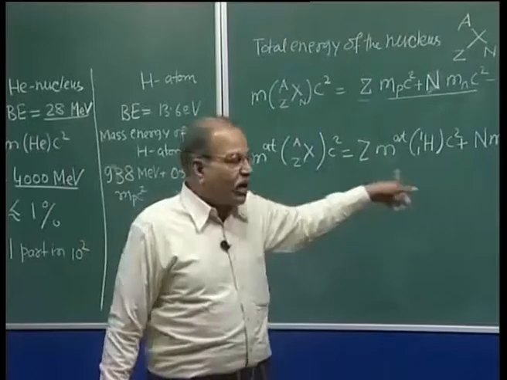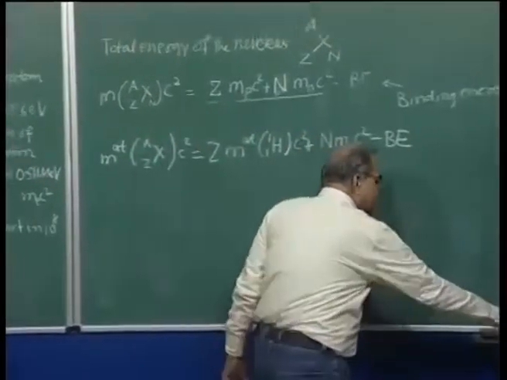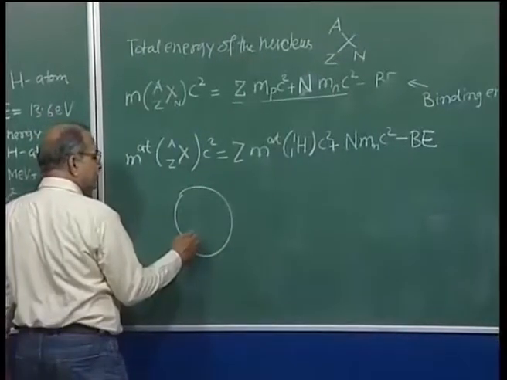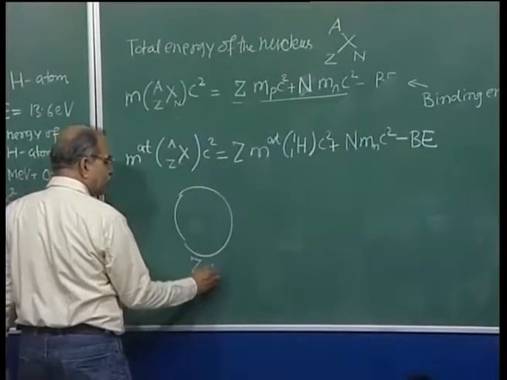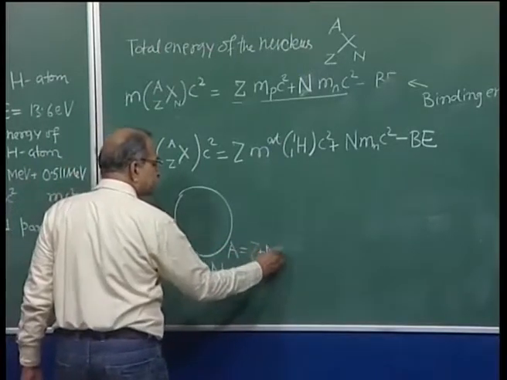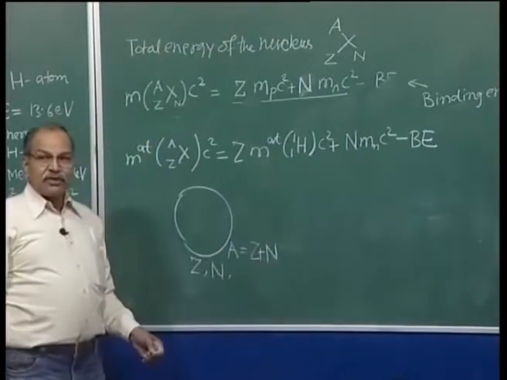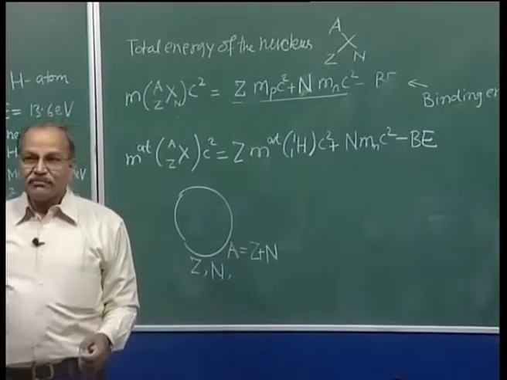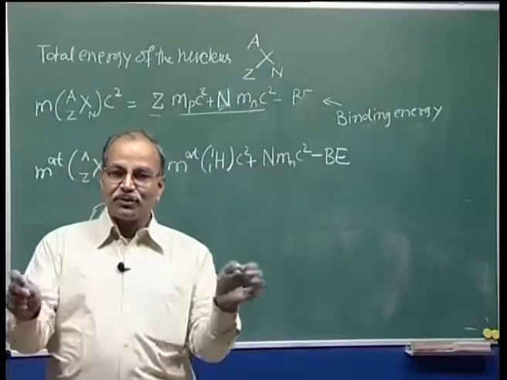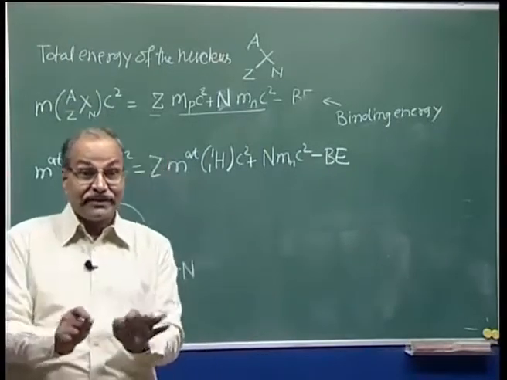Now, how many pairs are there? Suppose you have a nucleus with Z protons and N neutrons, and the total number is Z plus N. The nuclear attractive force acts between two protons, between two neutrons, and between a proton and a neutron, whatever nucleon it is.